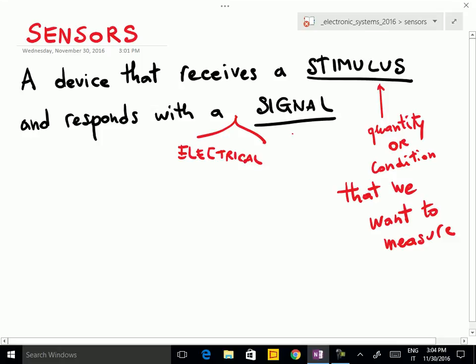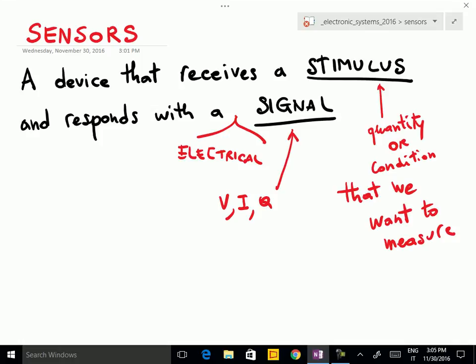Which means that the physical embodiment of the signal will be a voltage or a current or a charge.